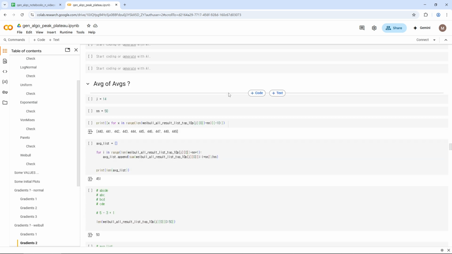So, one solution for now, I think the best one for now that I came up with, is getting the average of averages, as in getting the average of the moving averages. So, for example, I would get the moving averages of 50 elements, of 50 values in the list.